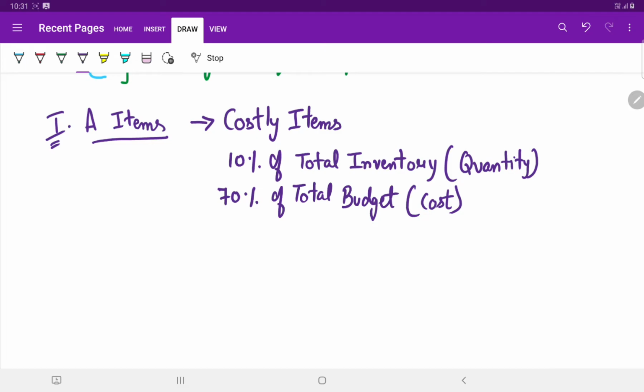So as per cost, they constitute 70%. So these items require proper storage and handling.